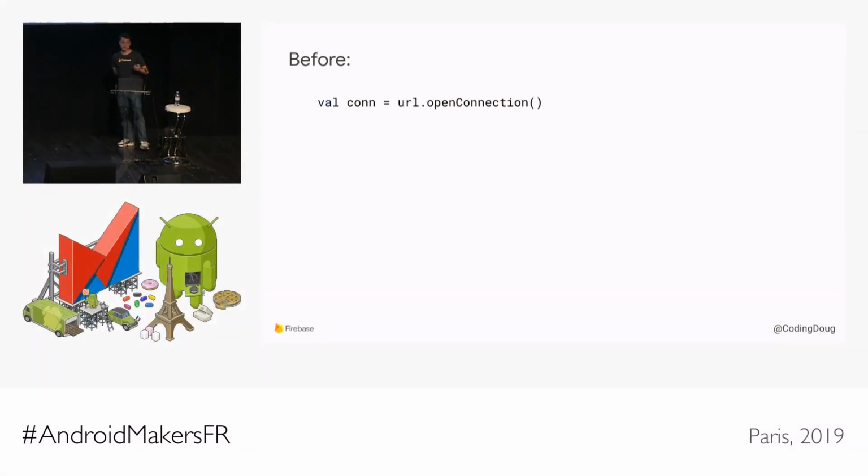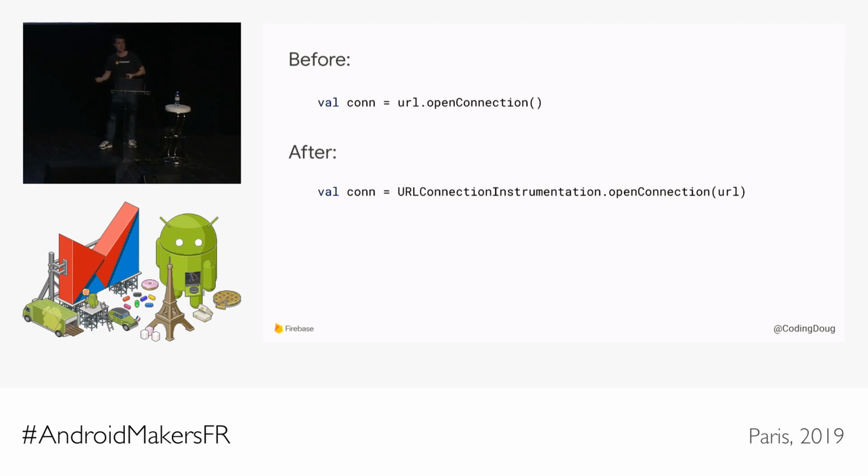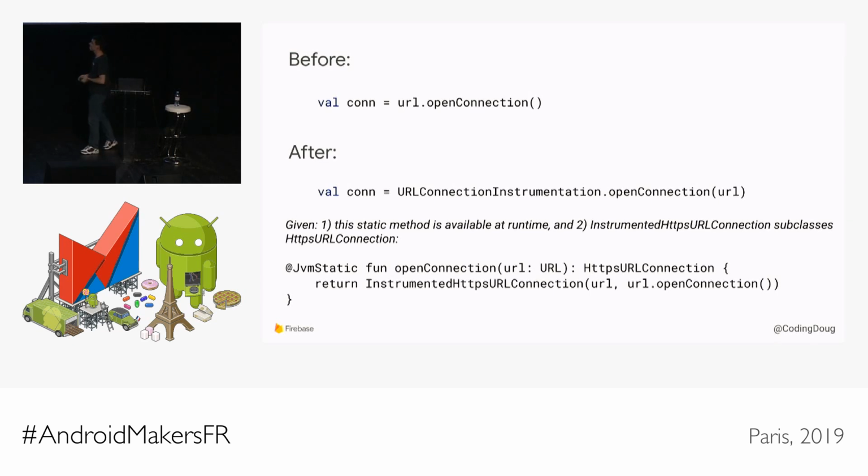My strategy here is to turn this into a static method that does something I want instead. I want to transform a call to openConnection into a call to a static method on a helper class that I create. I've already provided a class called URLConnectionInstrumentation, which has a static method on it called openConnection, and I'm going to call that instead.